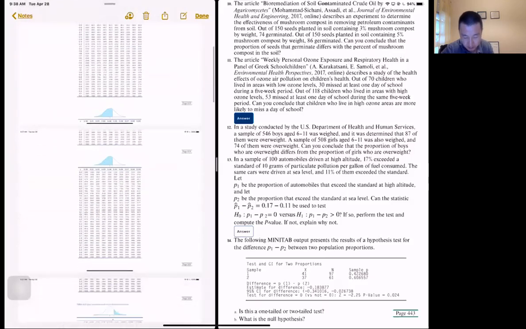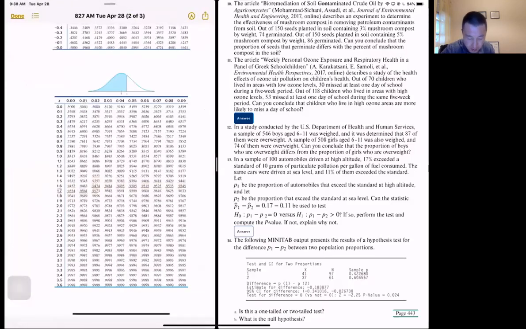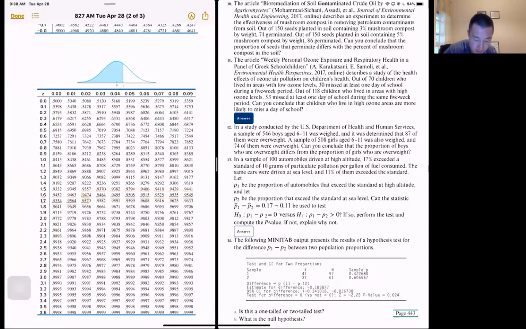That is 0.7324. So 1 minus 0.7324 is around 0.2676.